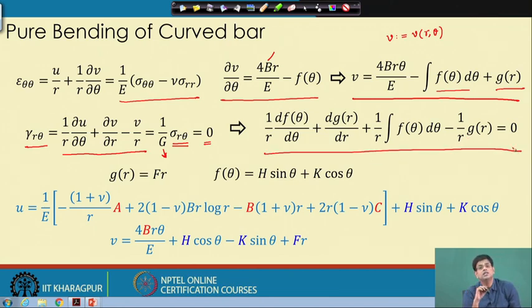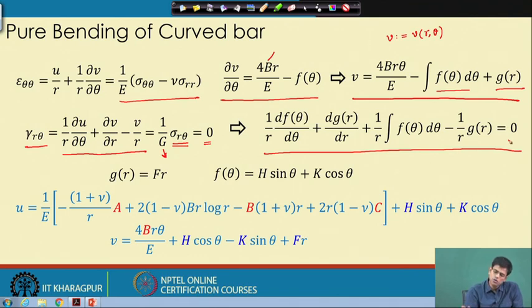As we did for the straight beam, some of these will be functions of theta, some will be functions of r only, and the sum of functions of r plus the sum of functions of theta will be equal to 0. This is the same thing.